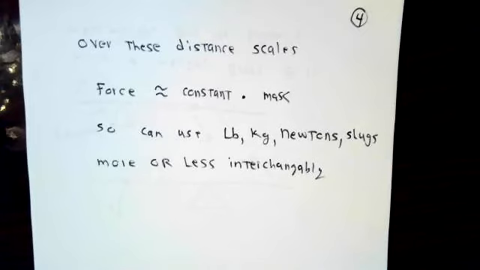And for our purposes, we can, roughly speaking, treat these numbers as interchangeable. So I'm not going to worry about whether it's pounds, which is a force, or kilograms, which is a mass, or newtons, which is a force, or slugs, which is a mass. I can use these words more or less interchangeably in pairs.